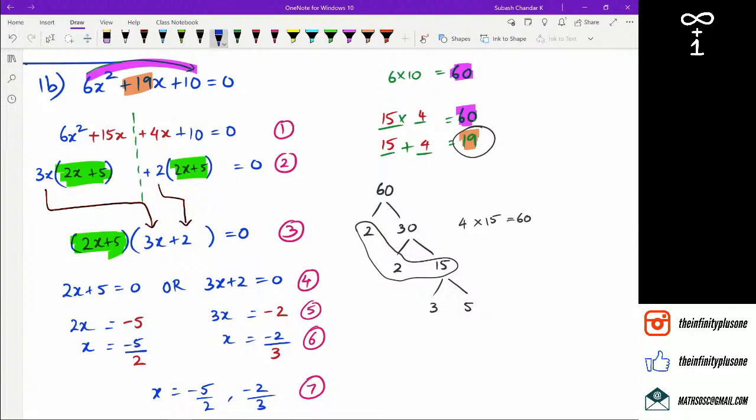It's kind of like saying this: if I show you on the side here, 3xy plus 2y, and imagine y is the common factor, then I can take out y as a common factor, and what I'll be left with is 3x plus 2. This is pretty much what I've done in line 3, where I've treated that 2x plus 5 as a green common factor that I'm taking out.